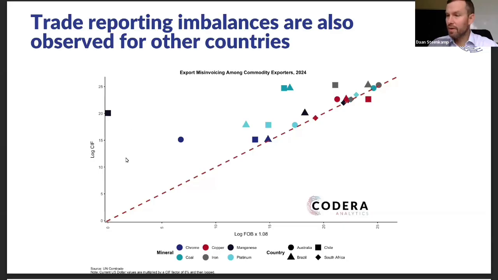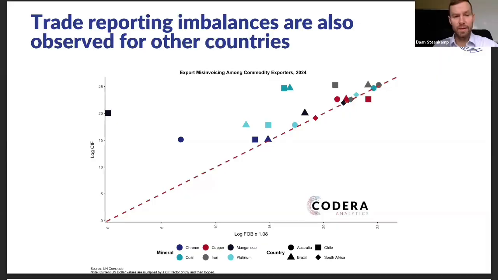It's also interesting that you see, for example, for Chile, for manganese, an outlier here, which may be as a result of an outlier for that commodity for that year, so 2024. So what this data reveals is that there are some missing free on board values in the data set for some years, and we find that it's data reported by China that's often responsible for these outliers.